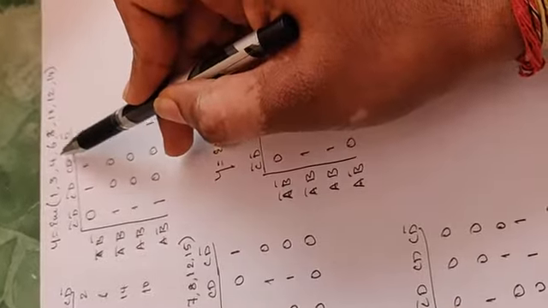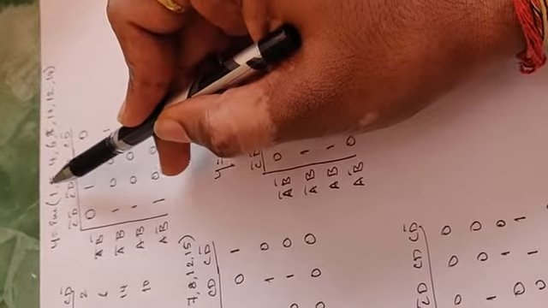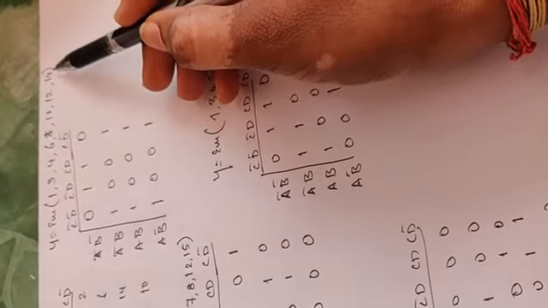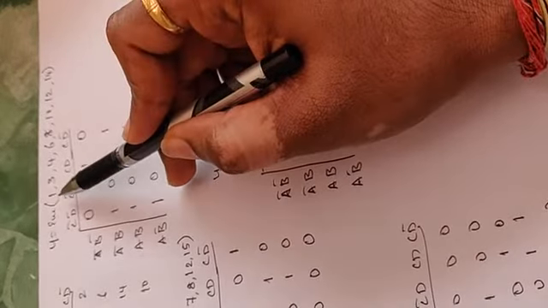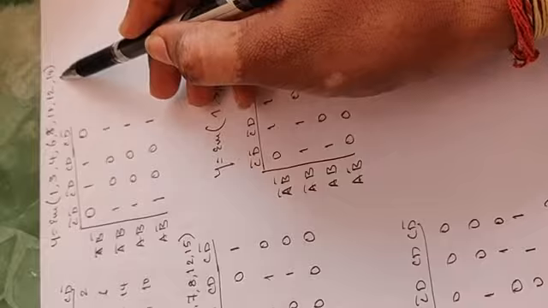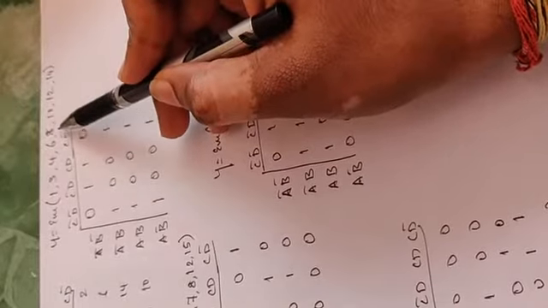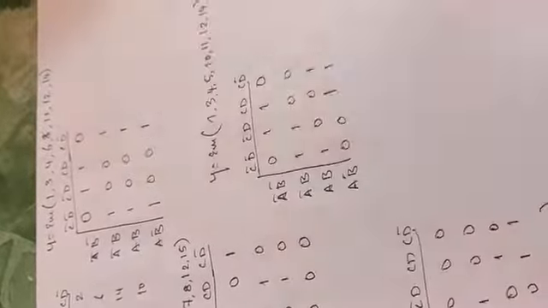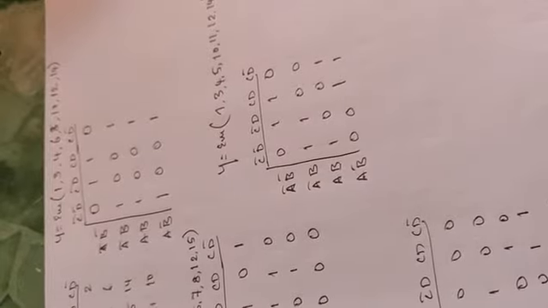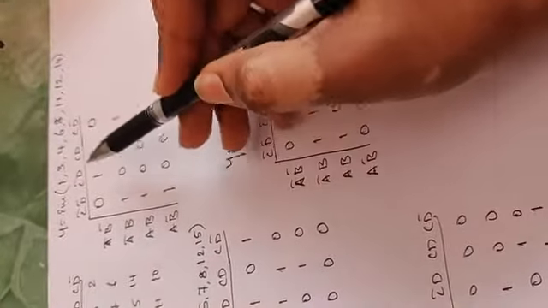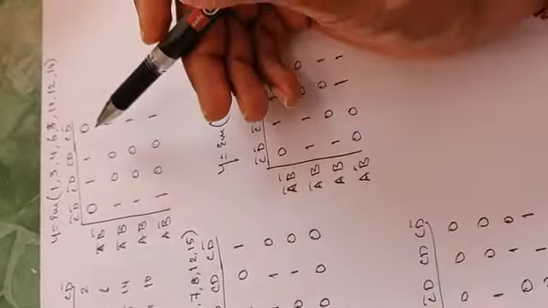Look at the numbers. The numbers lie between 0 and 15. When the minterms within the brackets are within 0 to 15, you can tell it's a 4 variable K-map.